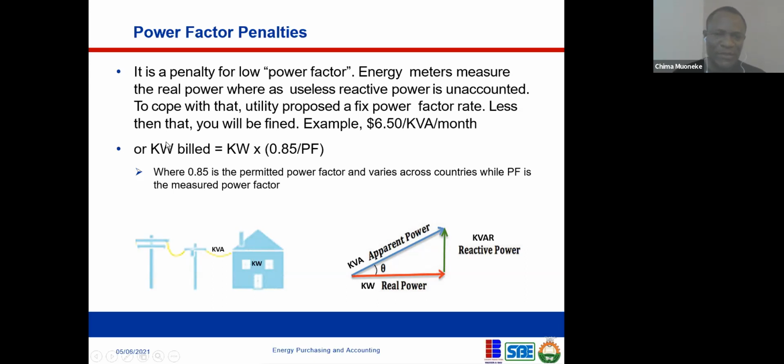How do they calculate the amount they're going to penalize you? They're going to check your demand charge. Your demand charge is the highest peak in your consumption profile. I have some demand profile in a subsequent slide, but I'm just trying to give a brief explanation of what that is.